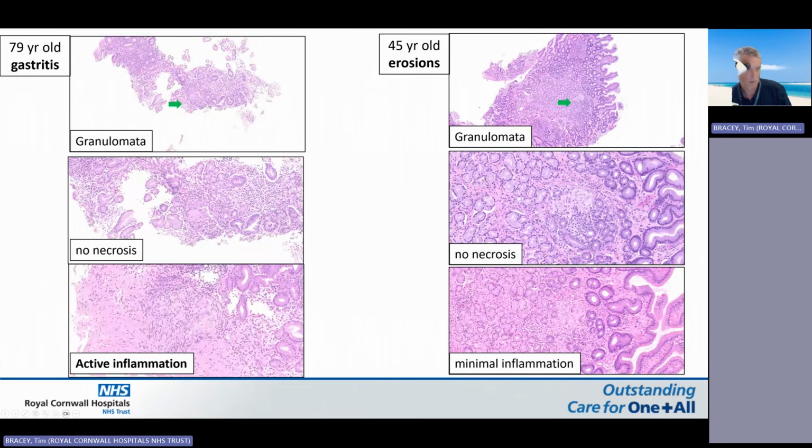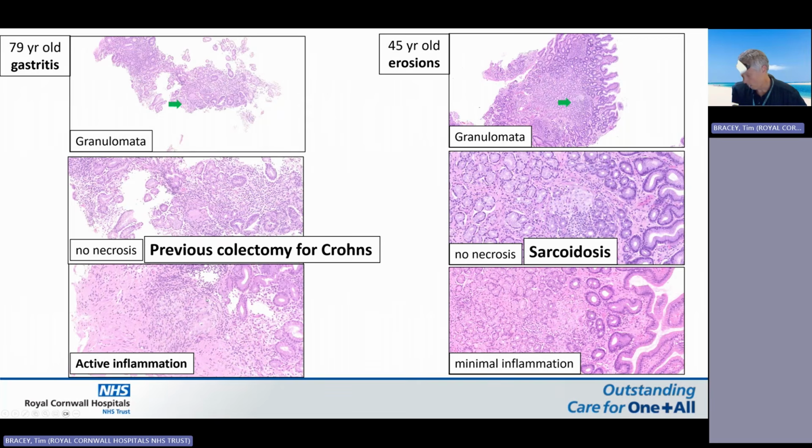So in the older chap, non-necrotizing granulomas and quite a bit of inflammation around, including active gastritis. And in the younger man, there were non-necrotizing granulomas, but no necrosis and minimal inflammation, no active gastritis. So this chap had a previous colectomy for Crohn's, and so almost certainly was a Crohn's gastritis.